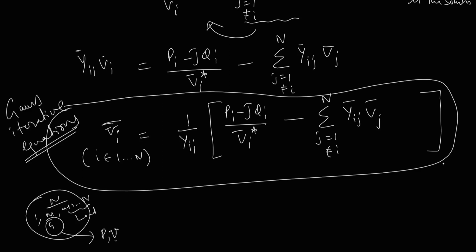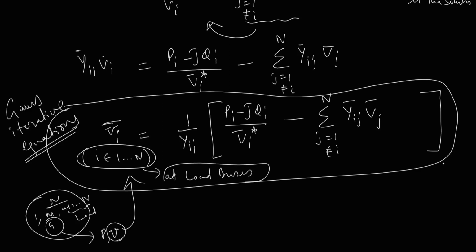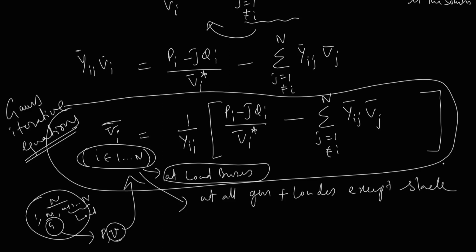Once I have specified V at generator buses, then why do we need to calculate the voltage at generator buses? We are not calculating only at load buses, but we are calculating these Vi at all generator buses plus load buses except slack.